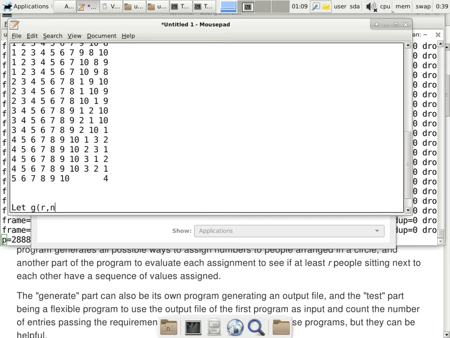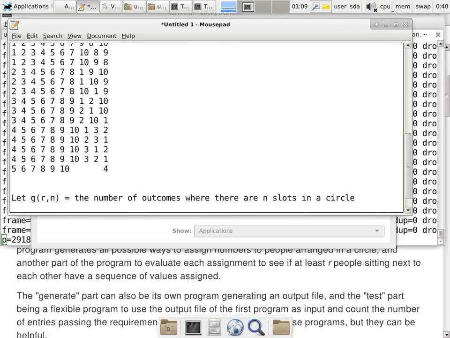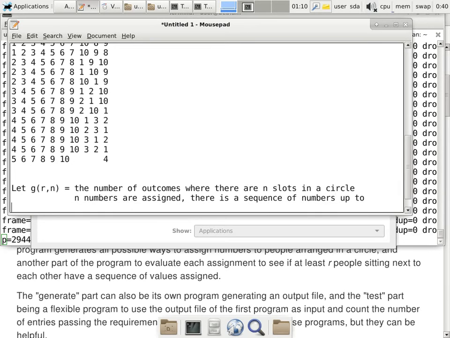So let g(r, n) equal the frequency, or the number of outcomes, where there are n slots in a circle, n numbers are assigned, and there is a sequence of numbers up to r numbers. Okay. So it's up to, because the other part can also be a sequence.